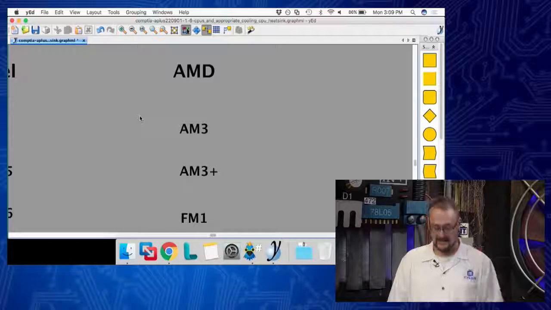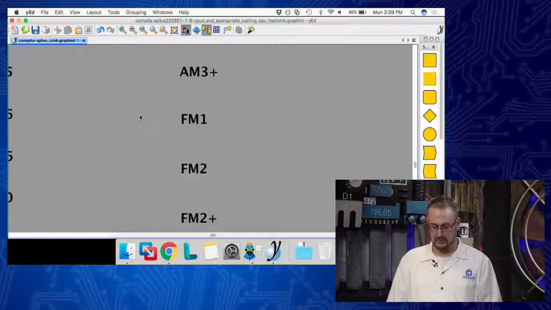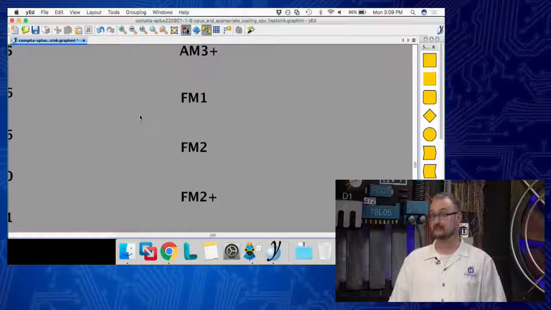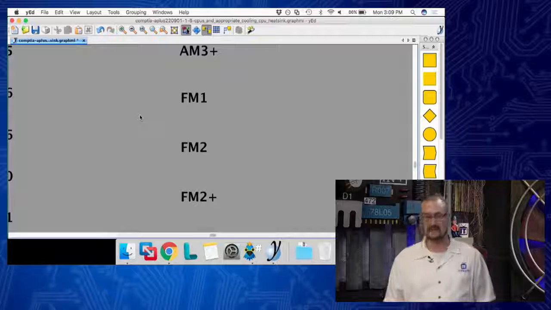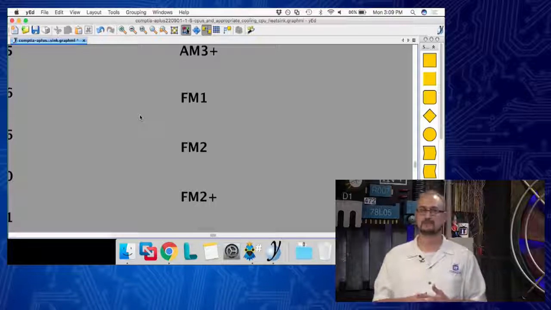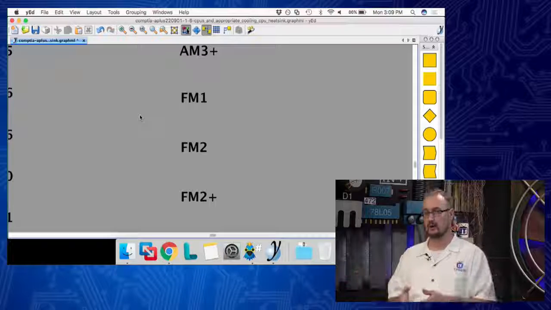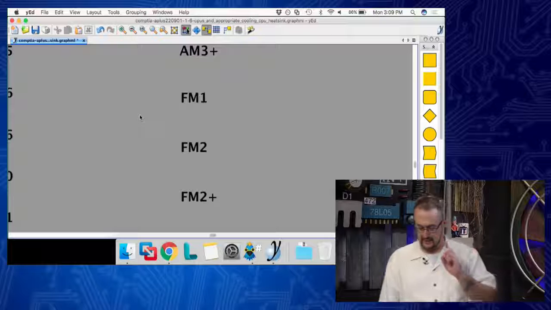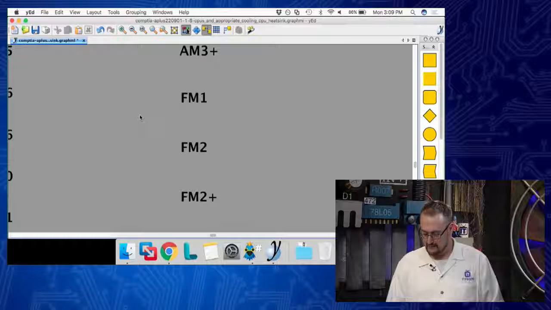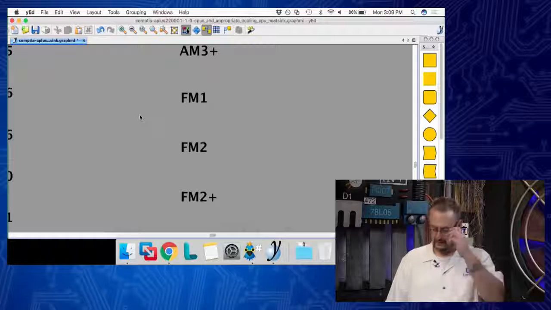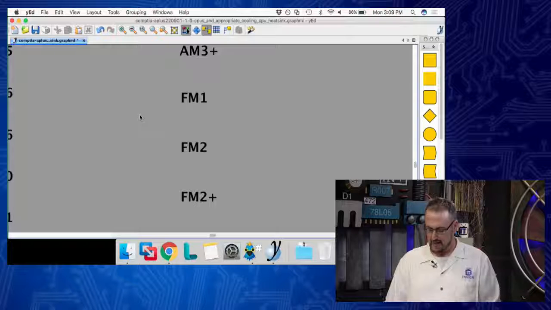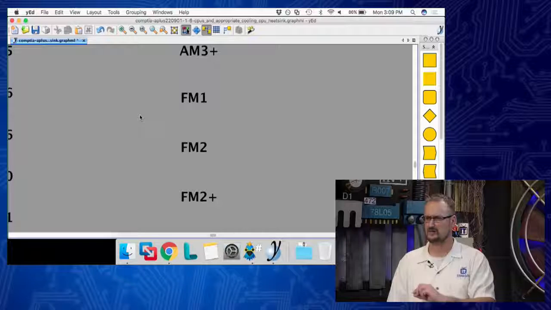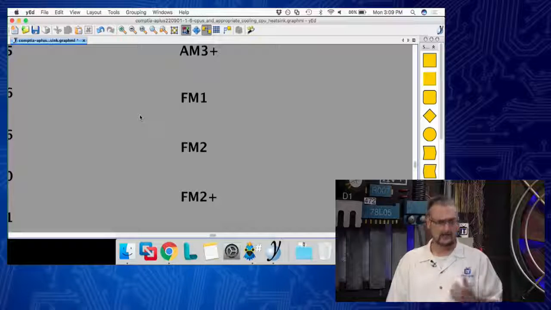Now, these last three here are what are considered APUs, and we haven't really talked about that. That's accelerated processing units, and they're lower powered, and they also support things like graphics as well. The FM1, this was called the Llano, right? This is the Llano processor, as well as the Gen 2 accelerated processing unit, and that was the AMD Trinity technology.